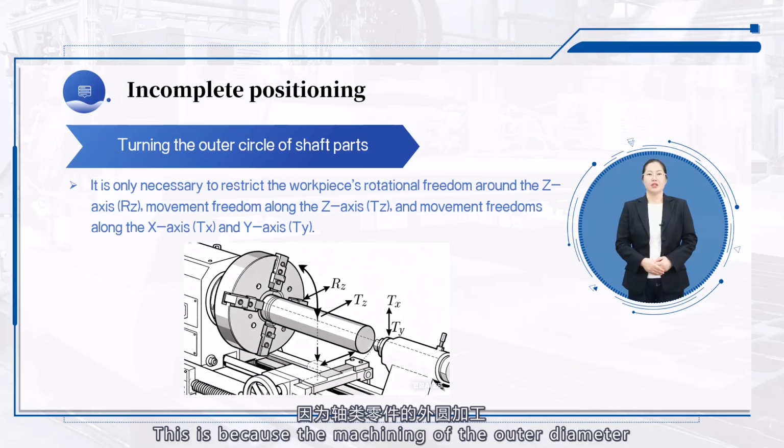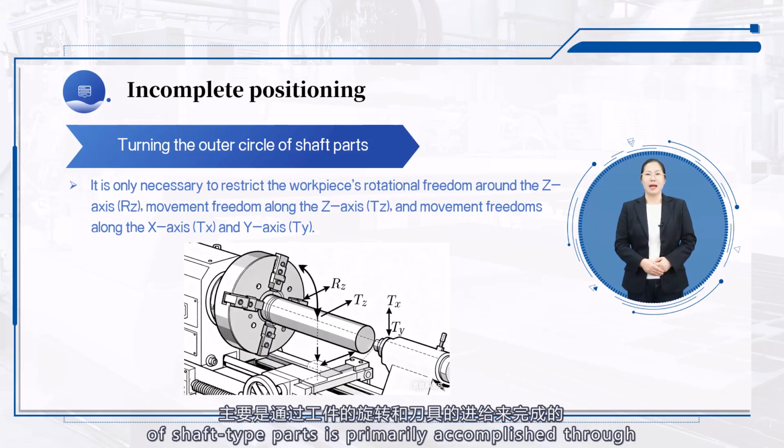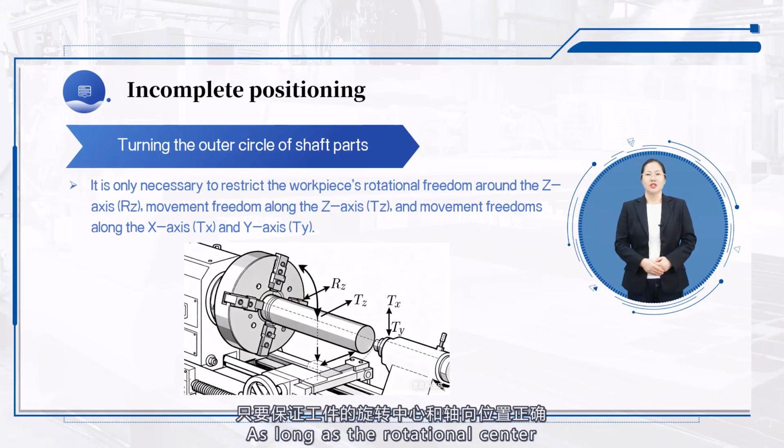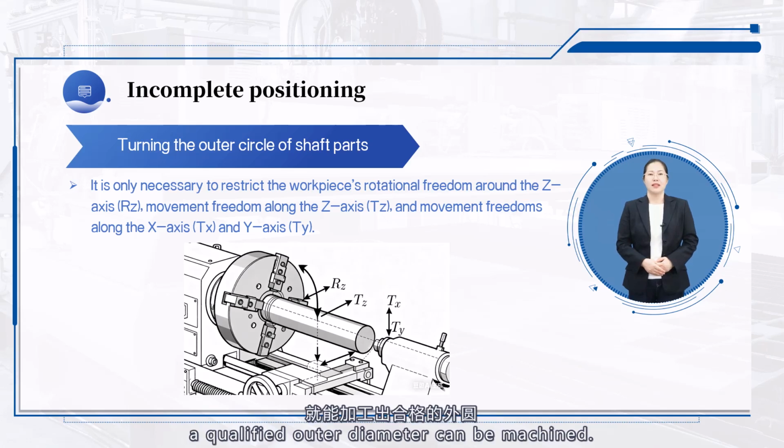This is because the machining of the outer diameter of shaft-type parts is primarily accomplished through the rotation of the workpiece and the feed of the cutting tool. As long as the rotational center and the actual position of the workpiece are correct, a qualified outer diameter can be machined.